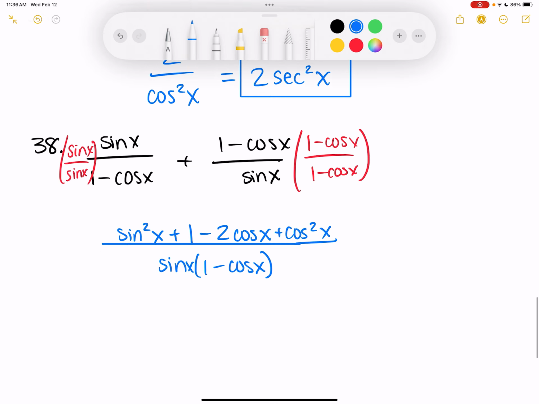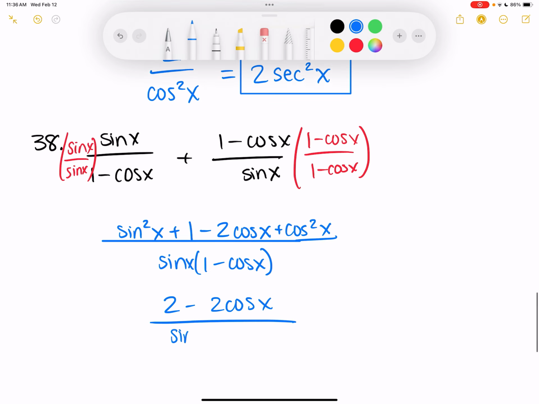Okay. All right, so is there anything in the top that I can combine? Cosine squared, sine squared as well. Yep, so I can rewrite this as 1 plus 1, so I'm going to write 2 minus 2 cosine x over sine of x times 1 minus cosine of x.